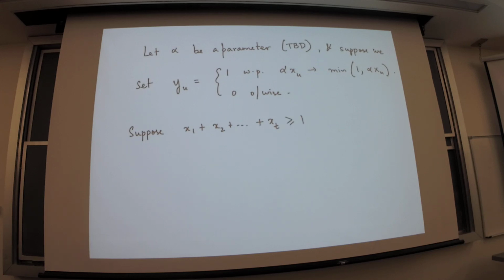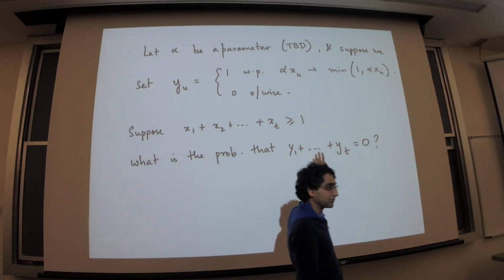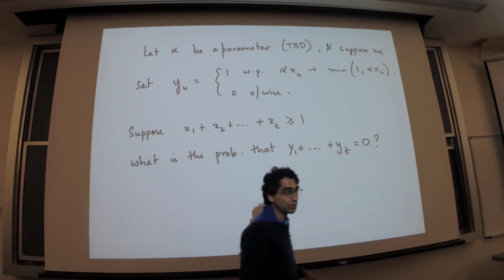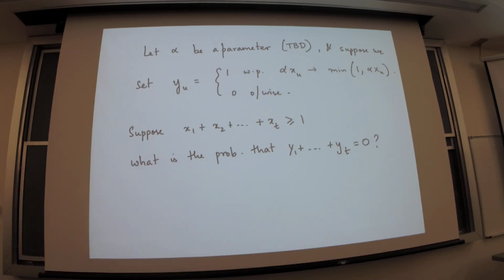Then what is the probability that the sum of the y's is actually 0? These are 0, 1 variables. So if the sum is 0, I'm just asking you what is the probability that all of them get set to 0? Any thoughts?